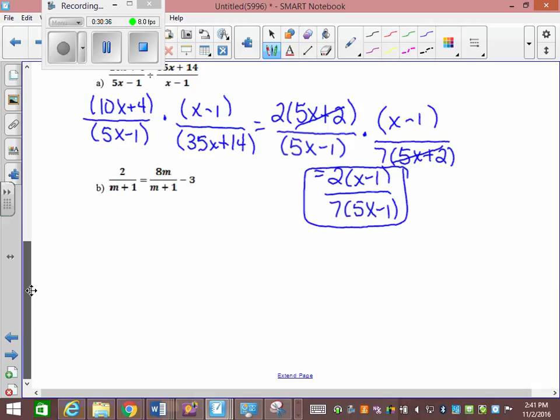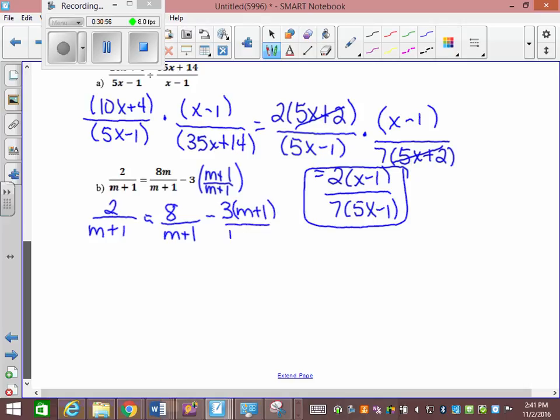B. Yes. B, you have n plus 1's in the denominator. So I have to times this one by n plus 1 over n plus 1. So I'm going to get 2 over n plus 1 equals 8 over n plus 1 minus 3(n plus 1) over n plus 1. So you get 2 over n plus 1 equals 8 minus 3m.